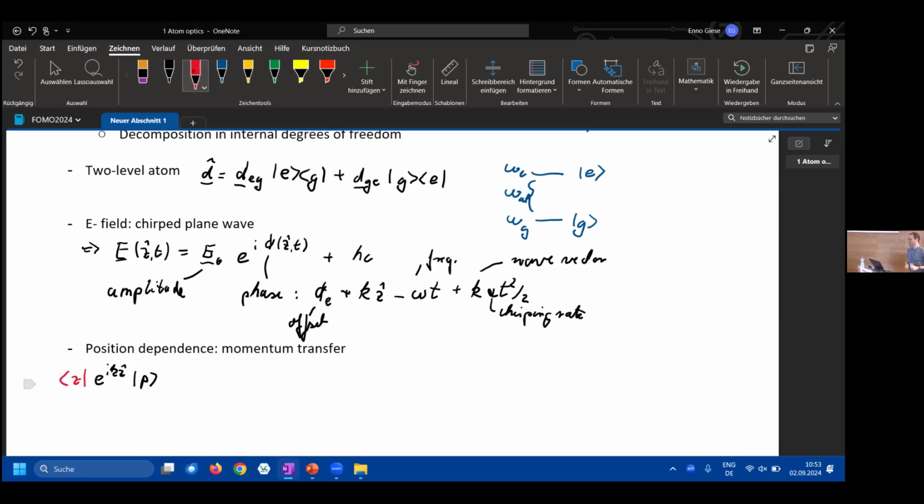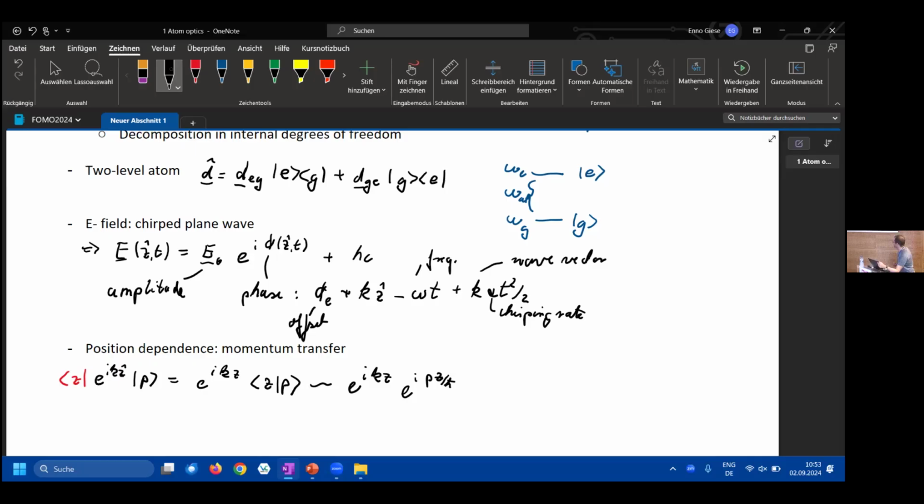And e to the ikz acting to the left is very easy. It's just a phase factor, so it is just e to the ikz, now without a hat, no operator, z. And we have the momentum eigenstate in position representation. I don't want to worry about square roots of 2 pi. Let's say it's just proportional to e to the ikz and e to the ipz divided by h bar.